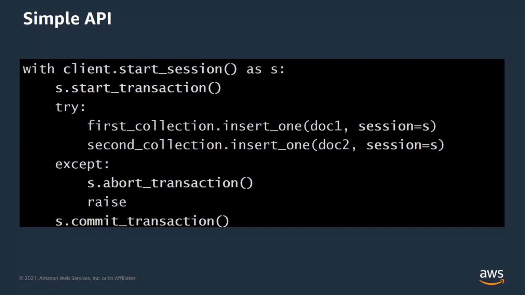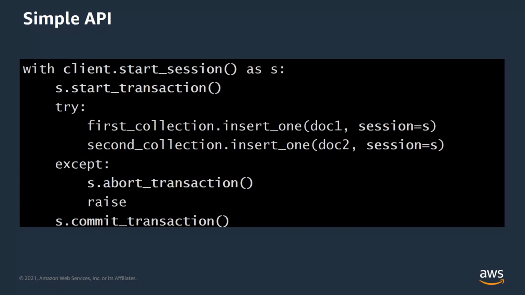We'll talk a little bit about how writes that are not part of the session work and what their world looks like, how things are a little different. But if we want it to be part of the session, we have to pass in that session object. The insert_one method takes an additional optional argument of a session, which tells the database that this is part of the same transaction. So that's a really important part: session=s there.